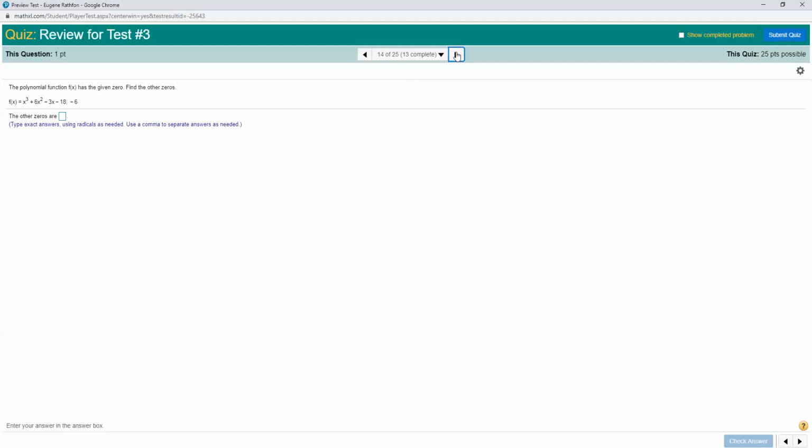All right, so this is one of those. So let's write this. This is f of x equals x to the third plus 6x squared minus 3x minus 18. And they're giving me negative 6 is a 0, and I got to find the others.